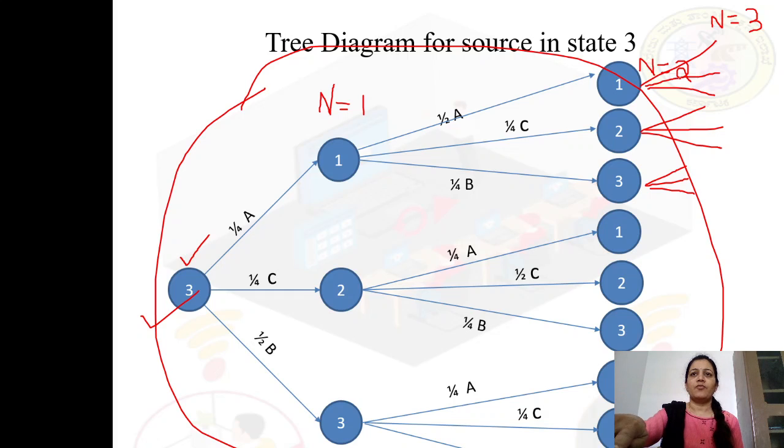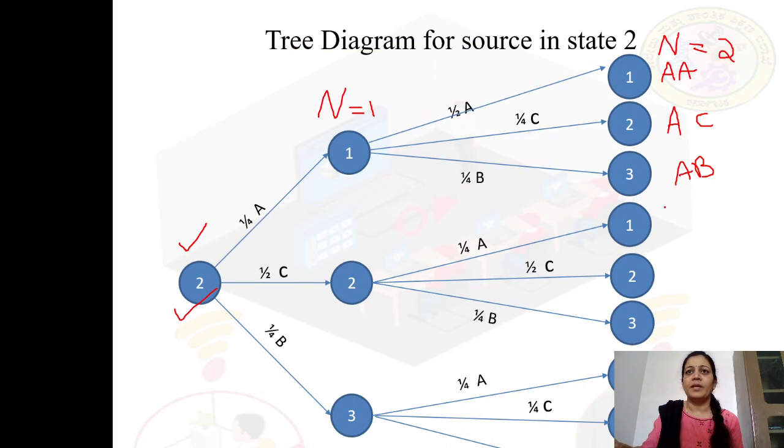Okay, so for that, initially let me complete this sequence. So this is CA, this is CC, and this would be CB, this would be BA, this would be BC, and this will be BB.